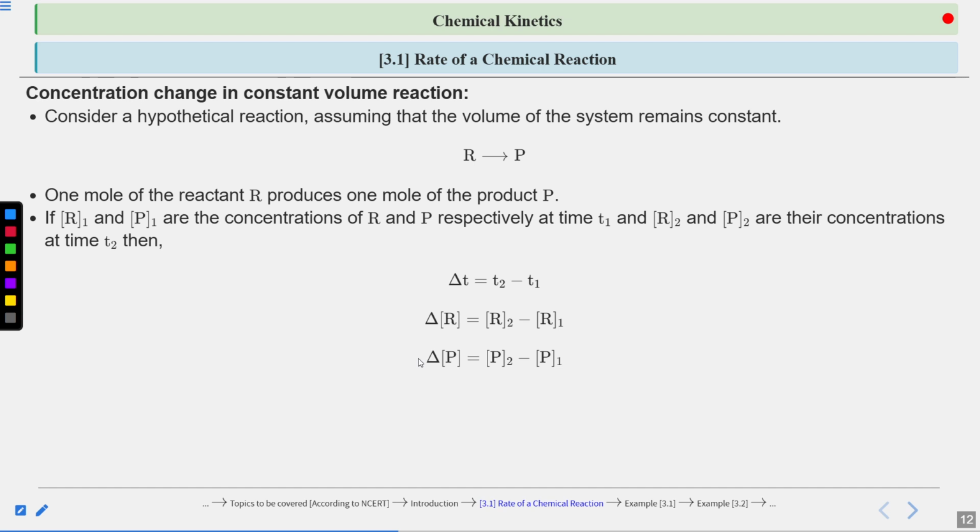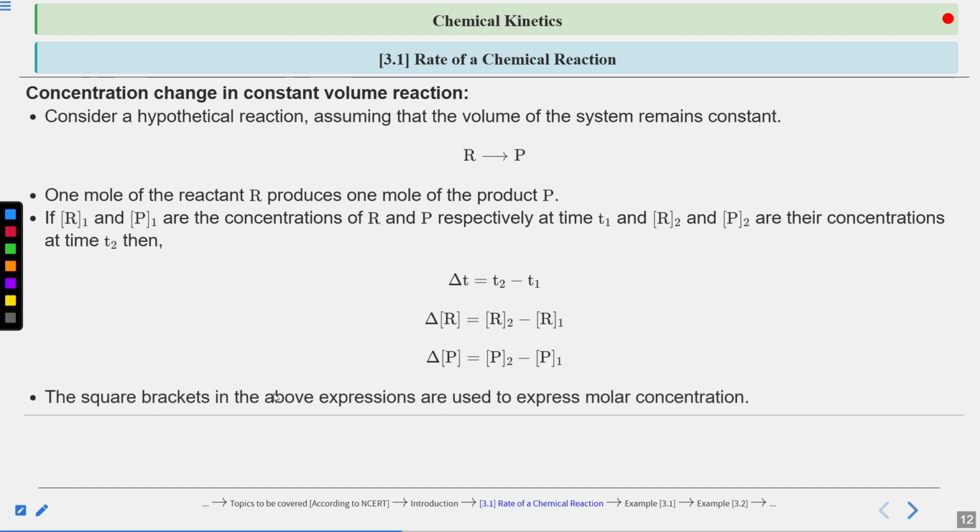Similarly, the change in the concentration of the product will be P2 minus P1, because finally P2 forms, initially we have P1. So P2 minus P1. The square brackets in the above expression are used to express the molar concentrations, the molar concentration of the reactants and the products.